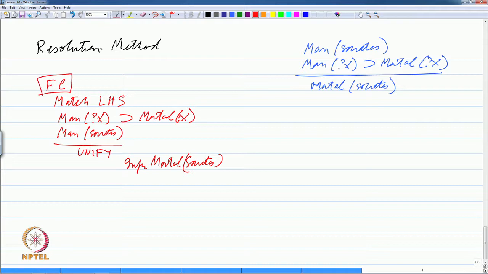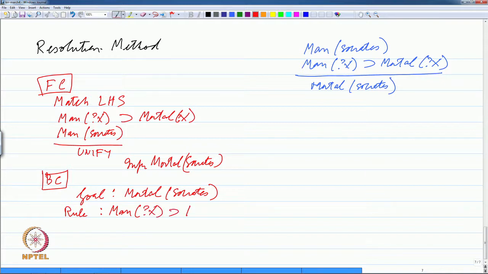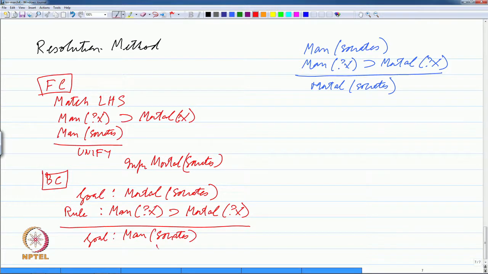This was in forward chaining. In backward chaining, we said from the goal mortal Socrates and rule man x implies mortal x, you infer the goal man Socrates, and this matches the fact.